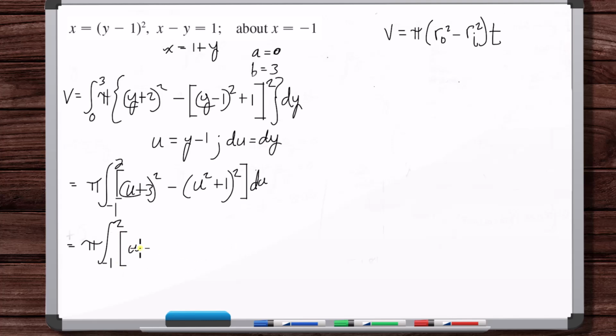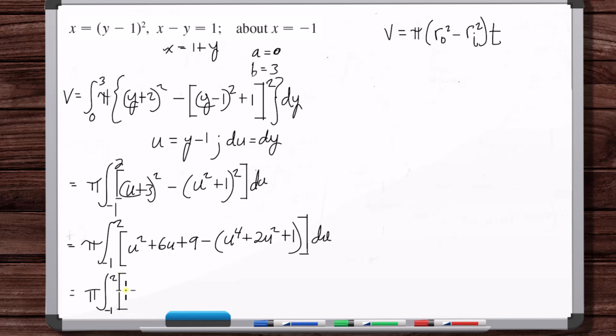So you've got u squared plus 3u plus 3u, okay, minus u to the fourth plus 2u squared plus 1. So u squared plus 6u plus 9 minus u to the fourth minus 2u squared plus 1 du.